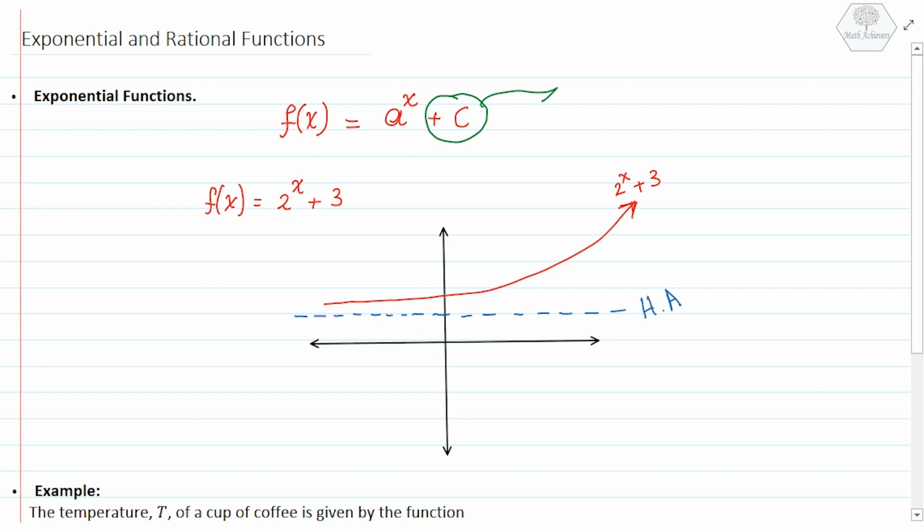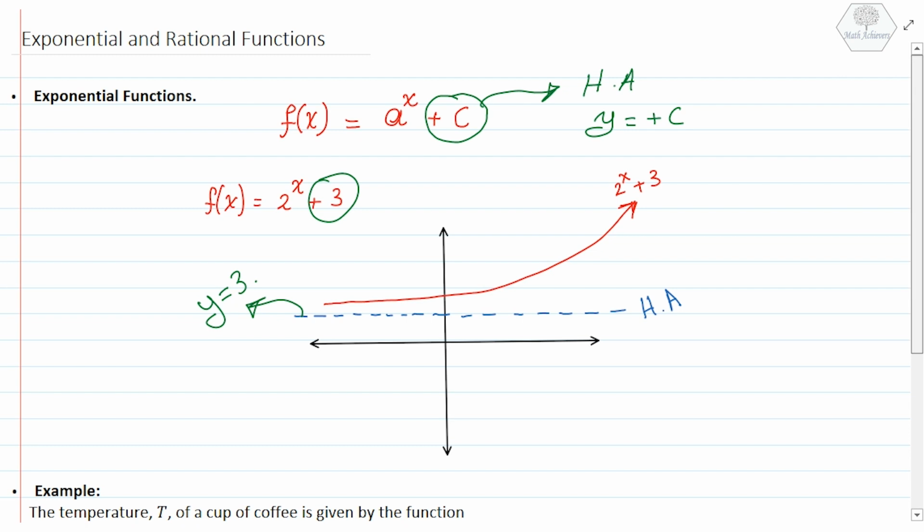So the equation of the horizontal asymptote is simply y is equal to plus c. In our case, 2 to the power of x plus 3, the equation of the horizontal asymptote is y equal to 3. This is the general shape of any exponential function.